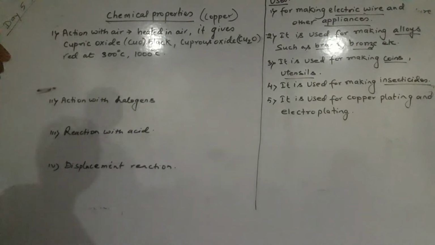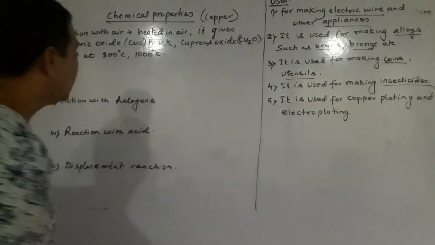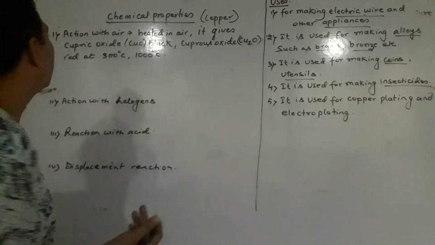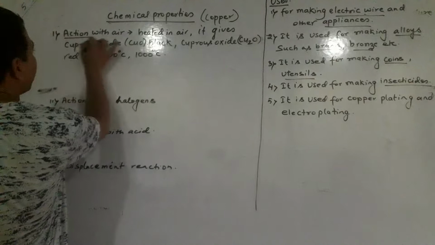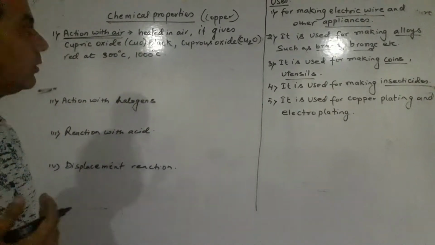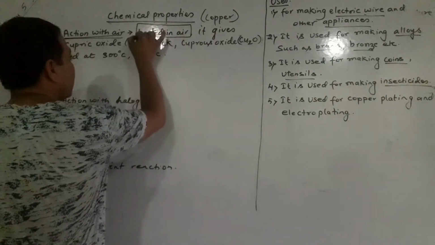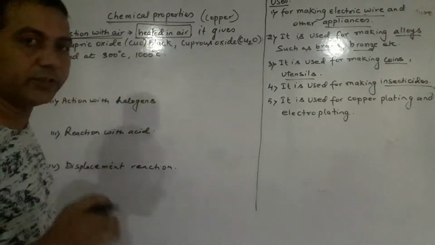If we see the chemical properties of copper, first we start with the reaction with air. When copper is heated in air, that means in the presence of oxygen.